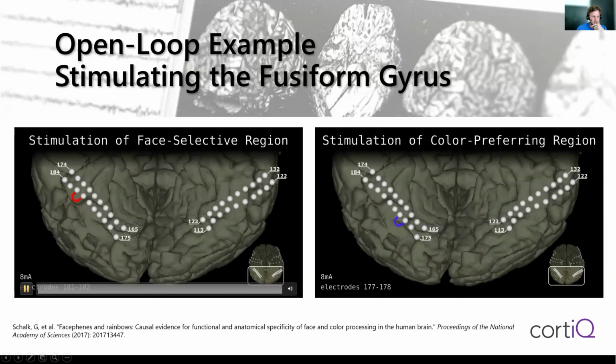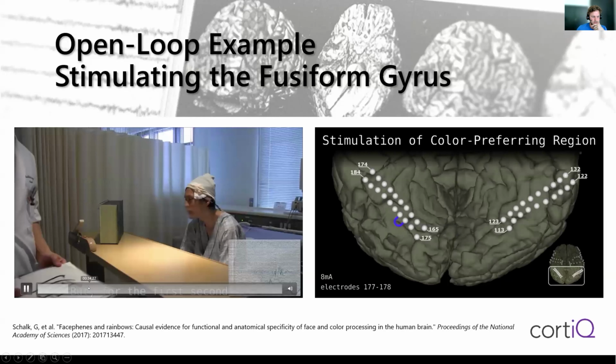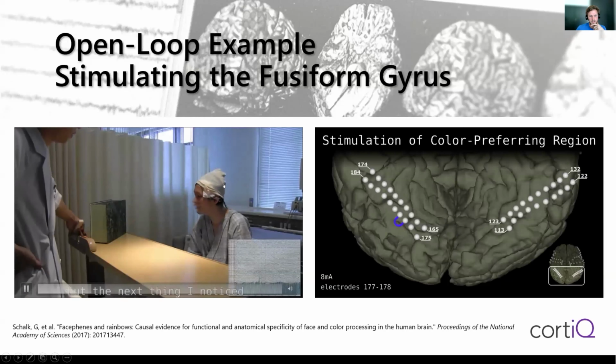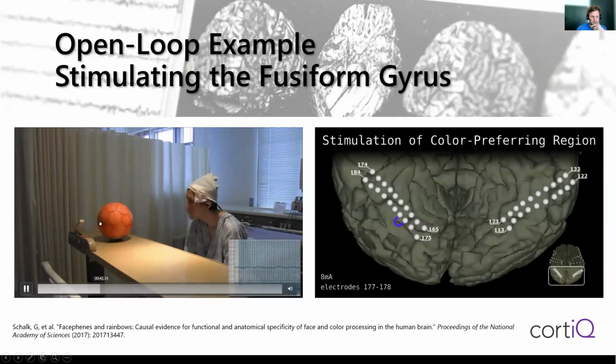You will see that during the experiment, I will skip a little bit. During the experiment, when the patient was watching, for example, a black box with some structure, during the stimulation, the patient got some face-related sensations. So here, the box turned into a face, and also the ball turned into a face when stimulating.